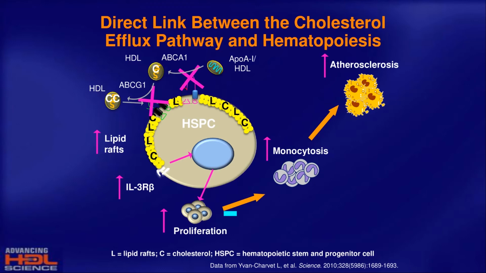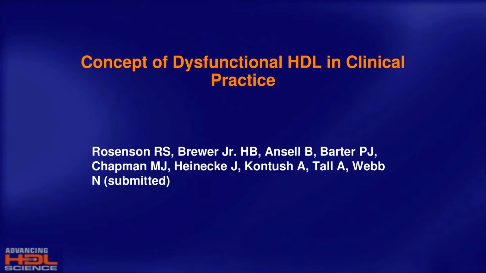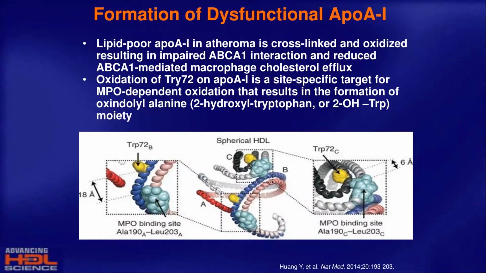So in terms of dysfunctional HDL, I mentioned before that under situations of inflammation, particularly with myeloperoxidase, you get site-specific modification of ApoA1 at certain residues. And this is work that was conducted from Stan Hazen's lab, and then independently, work from the Heineke laboratory.